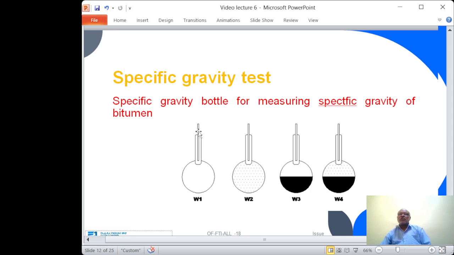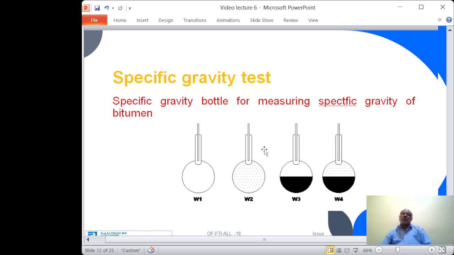Here, first, we weigh the empty specific gravity bottle and register it as W1. Then fill the specific gravity bottle with distilled water and measure the weight, which is recorded as W2.